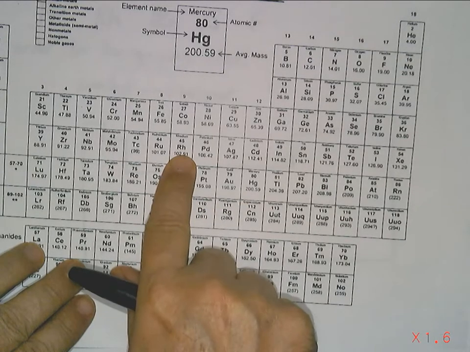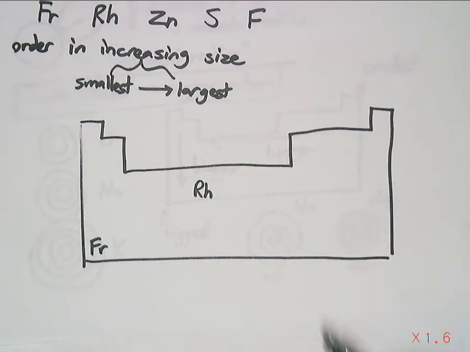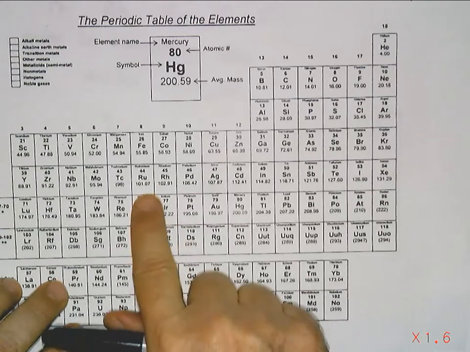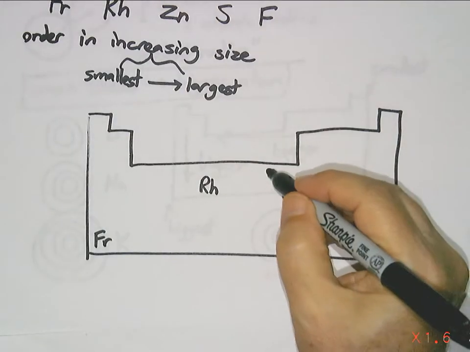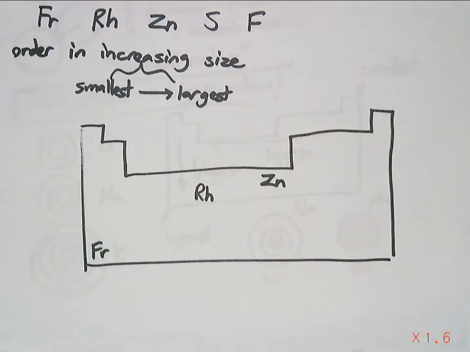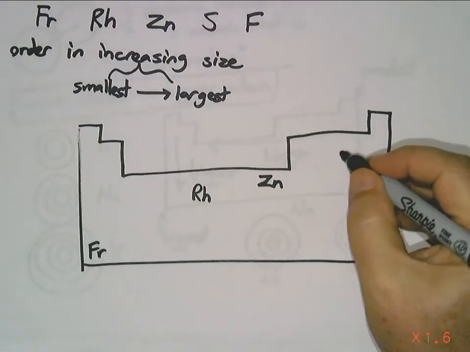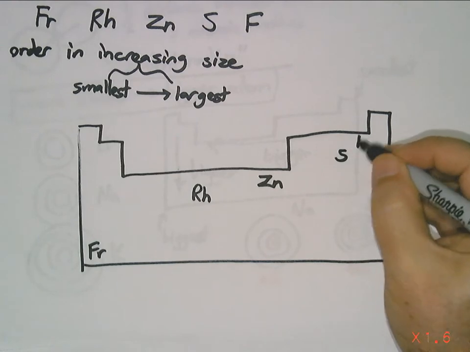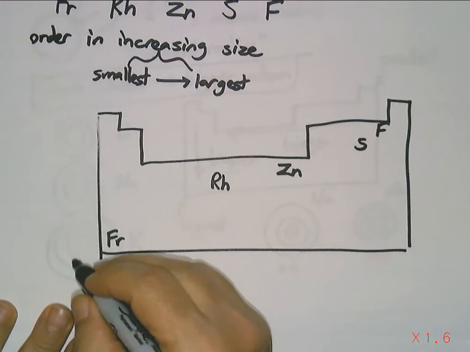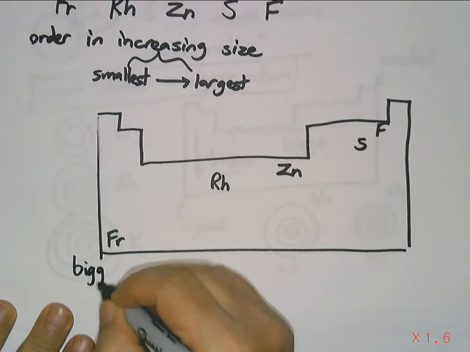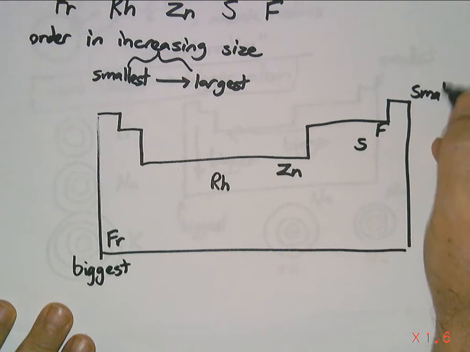RH. There it is. It's in there. And then zinc is up there. And sulfur is over there. And then fluorine is up here. Now, the biggest things are down here, and the smallest things are up here.